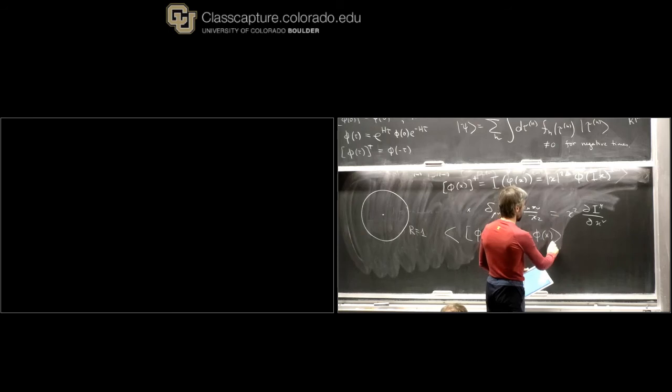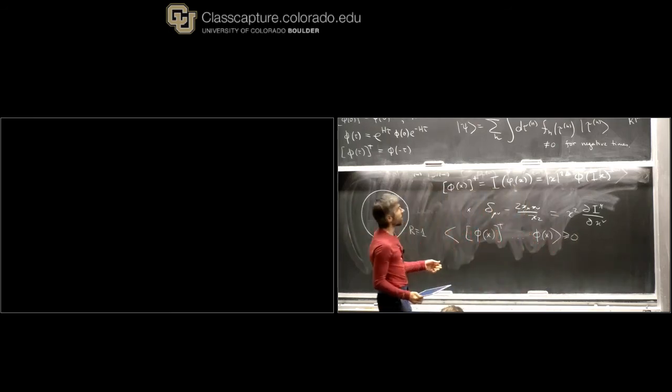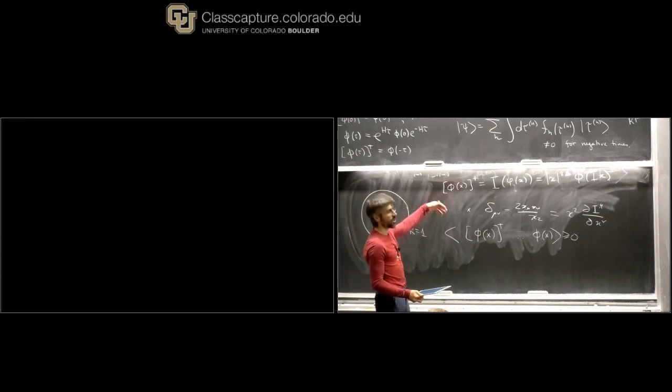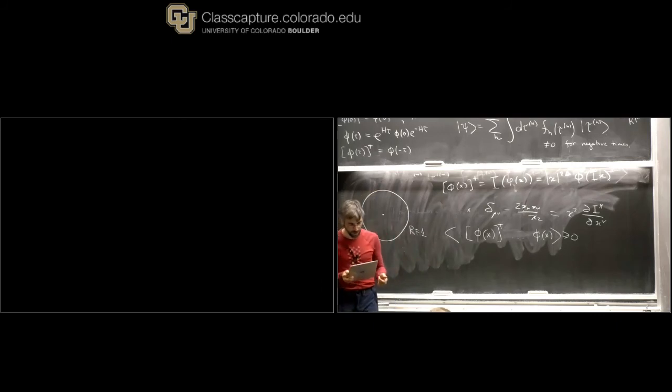If I know that these correlation functions are non-negative, and also more complicated versions when I convolve with f's and so on are non-negative, then I can run the same procedure. I can construct a Hilbert space and work on it, and everything is going to be nice.